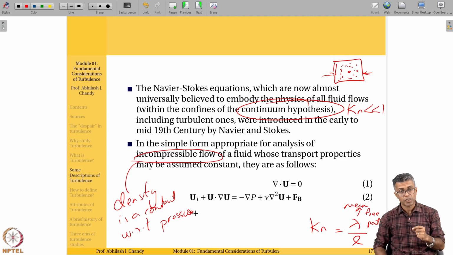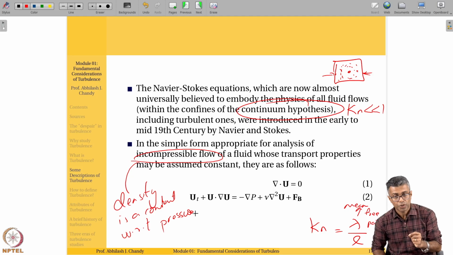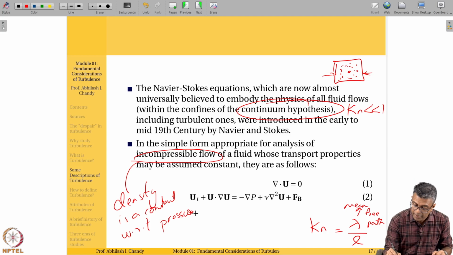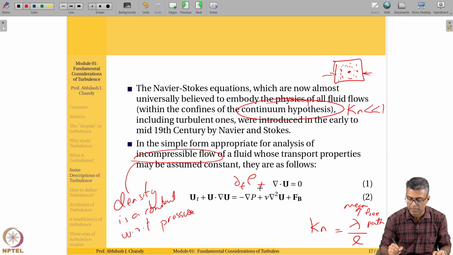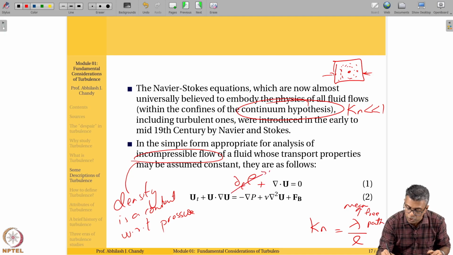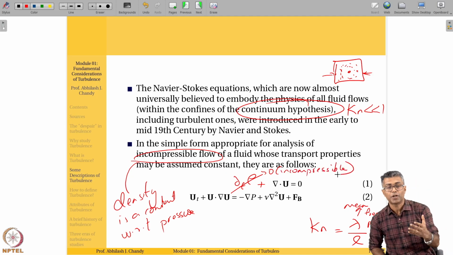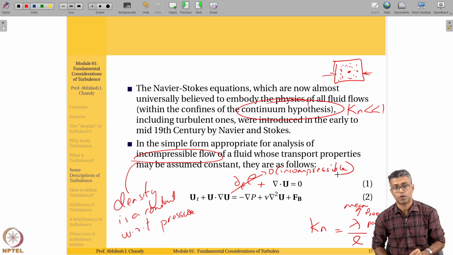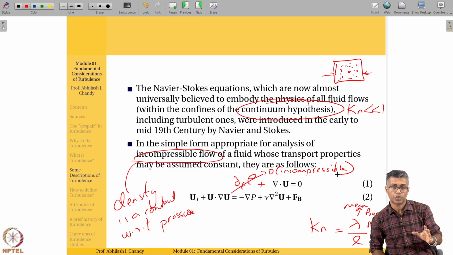The first one, equation number 1, is continuity, which is del dot u is equal to 0. Originally, there is a term del rho by del t, the rate of change of density with respect to time. But because the flow is incompressible, this term goes to 0. Then I have del dot u is equal to 0. Remember, u is a vector, and I have the divergence of velocity being equal to 0. That is the continuity equation.